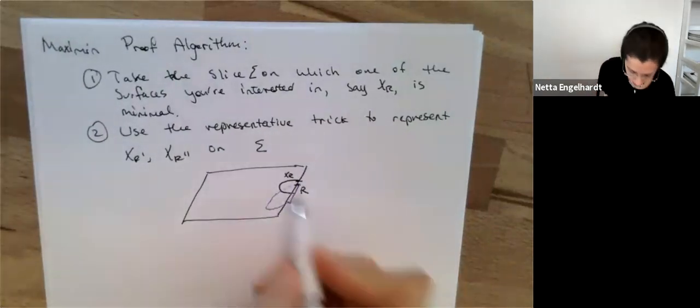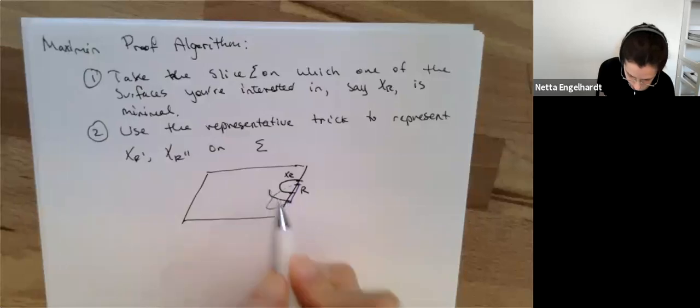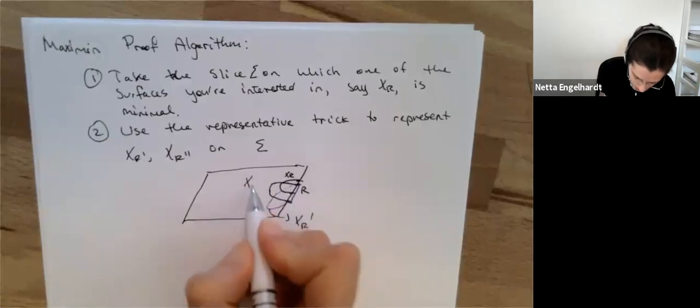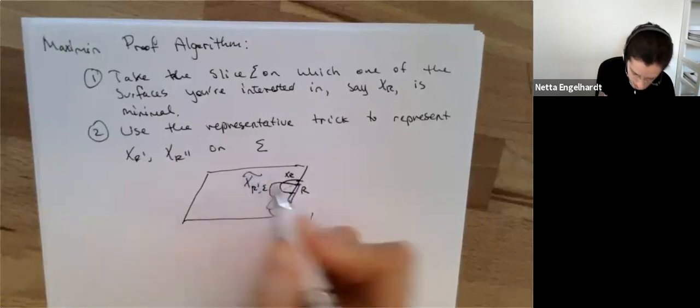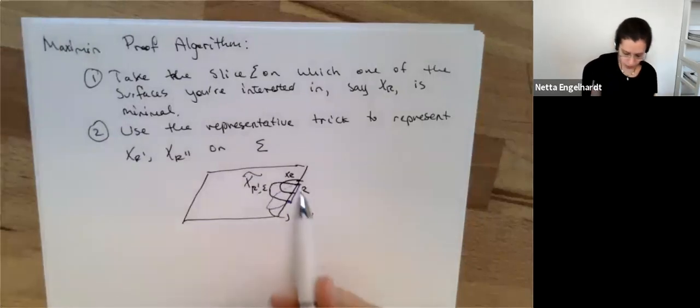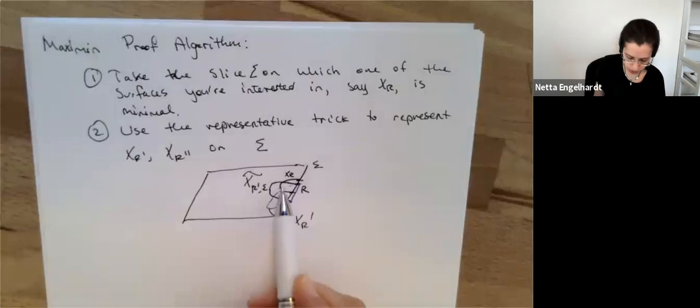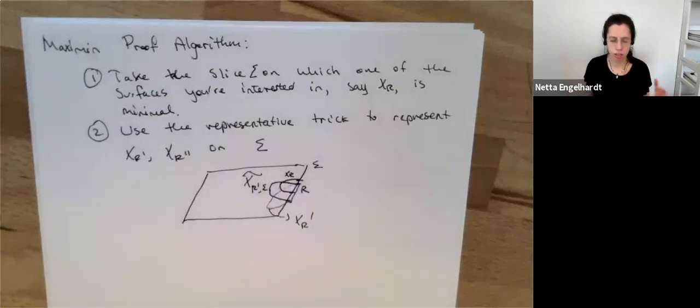We're going to map it back up to this slice. Let's call this XR prime, and this will be XR prime sigma tilde. So now both of these lie on the same Cauchy slice sigma. And we can say, I'm going to take this piece of this area and this piece of that area and add them up and use the fact that I know that XR is minimal on sigma.